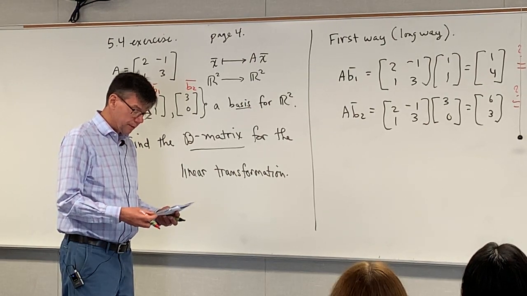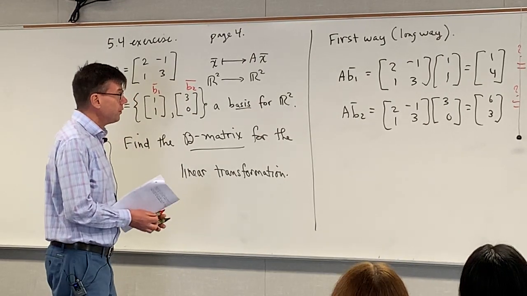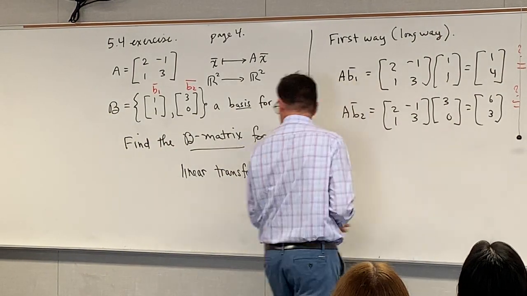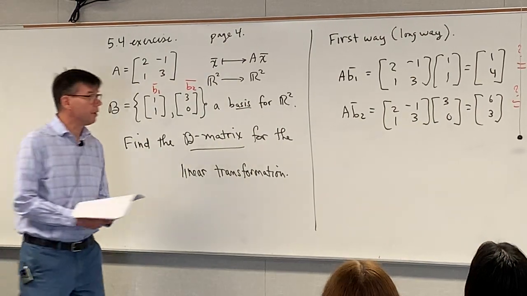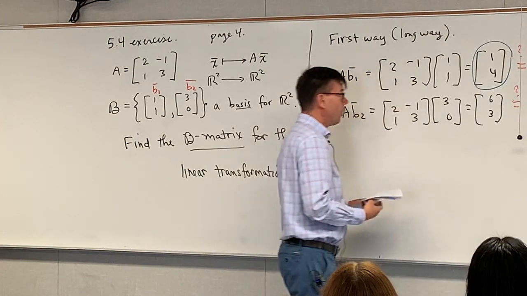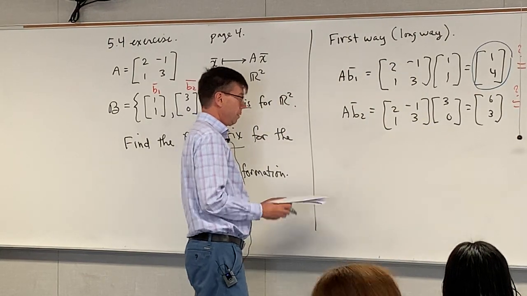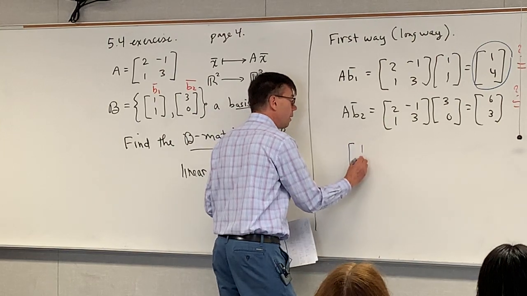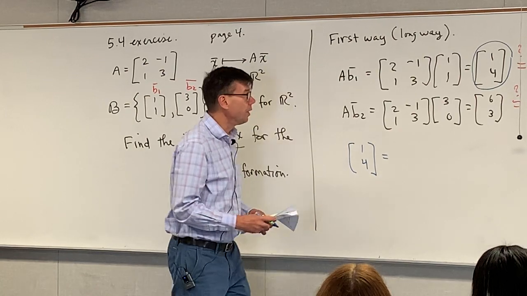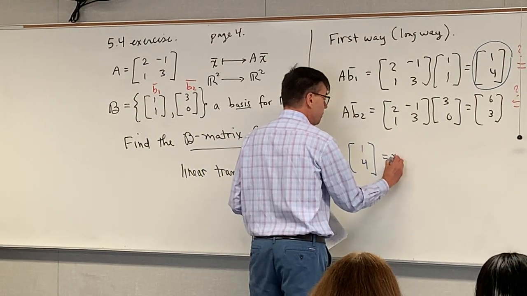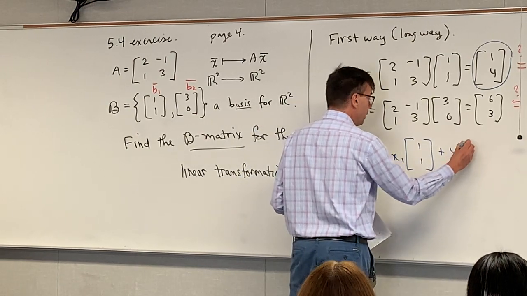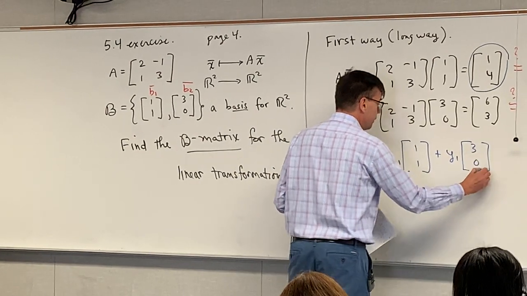Okay. So I want to take this guy. Maybe bring in some more color. So let's take 1, 4. And if x1 and y1 are the b coordinates, that just means 1, 4 is expressed as x1 times 1, 1 plus y1 times 3, 0.